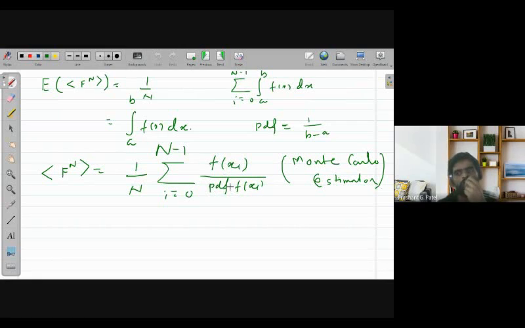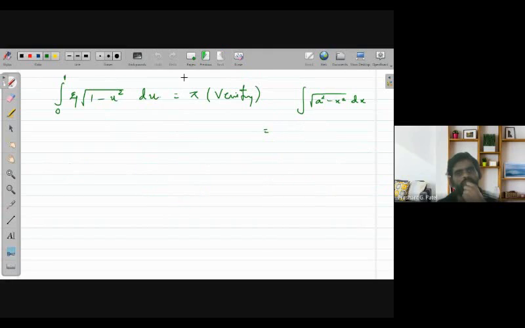So what we are doing is just generating some random points between 0 and 1. If the interval is not 0 and 1, then we can generate a point in whatever interval is given to us.